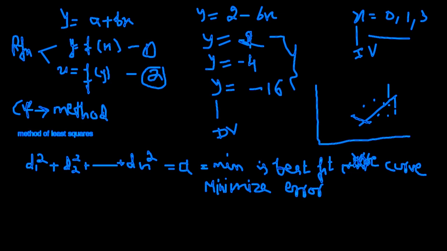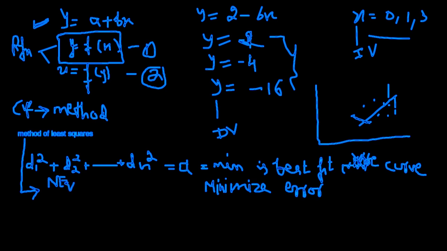Suppose we take the first one, that is y is equal to a plus bx, meaning your regression function is y equals f(x). If you consider this curve, then according to the least square method, the next step would be our normal equations, isn't it?